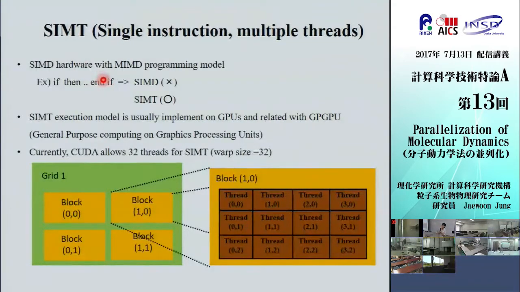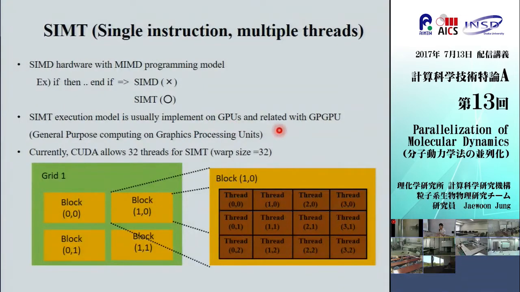If there is an if or end if, then the compiler does not recognize the way of SIMD. But in the case of GPU using SIMT, even though there are if and end if statements, you can proceed. So this one is usually used in GPU.